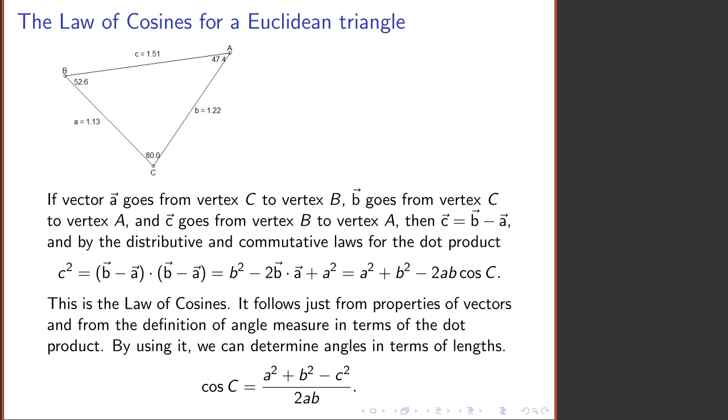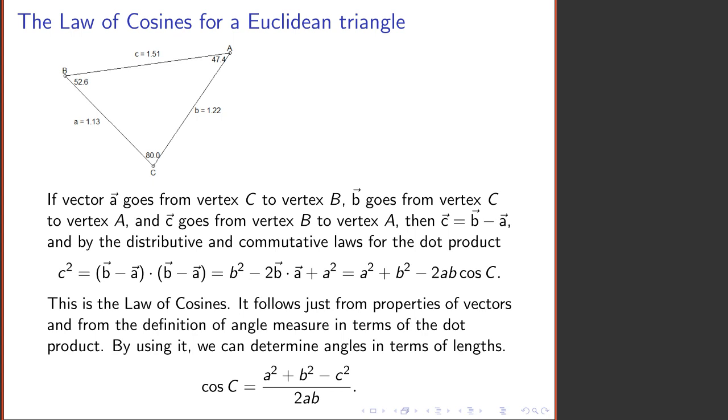So this is one way of stating the law of cosines. You can view it as sort of a correction term on the Pythagorean theorem. If cosine C is not 0 because angle C is not a right angle, then C squared is A squared plus B squared minus an additional term that involves the cosine of the angle between vectors A and B. A more interesting way of writing this is by solving it for the cosine of C. The cosine of C then turns out to be A squared plus B squared minus C squared divided by 2AB.